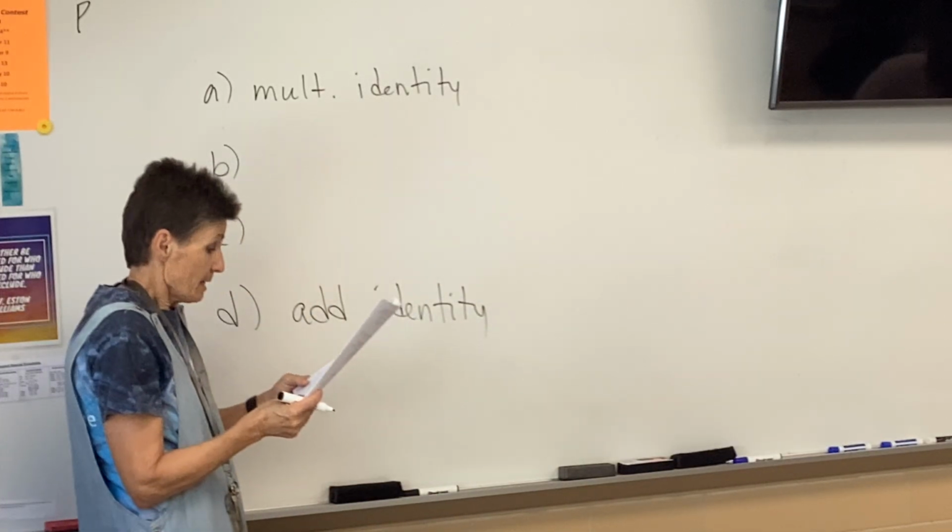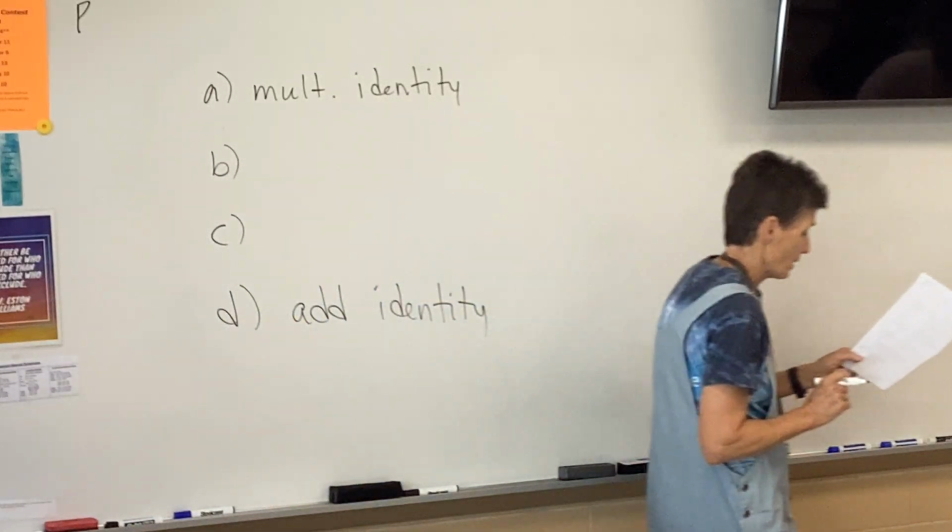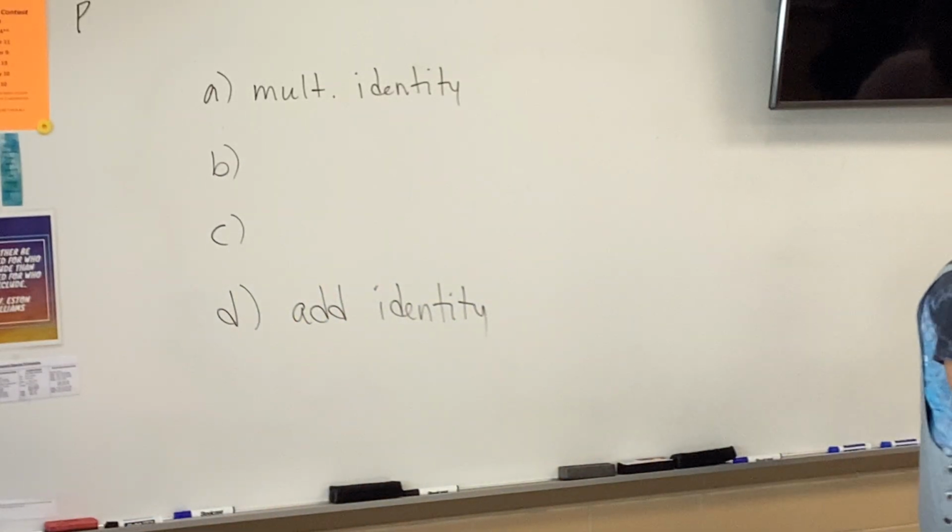All right. B. Now I want you to look carefully at B. What exactly is changing from the left side to the right side? Okay, he's up here going like this. They changed order. They moved. The Y and the X moved. That is commutative. What do we do when we commute?